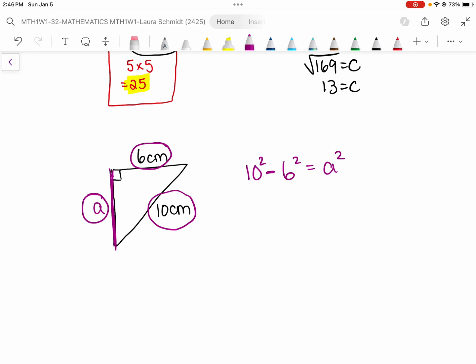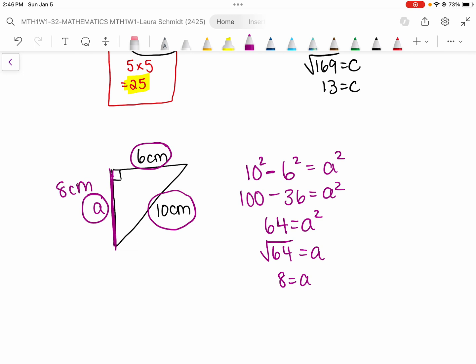So if you want to figure out one of the shorter ones, you have to subtract. So 10 squared would be 100, 6 squared would be 36, 100 minus 36 would be 64. And then finally we square root that, and we figure out that this side's actually 8 centimeters long.